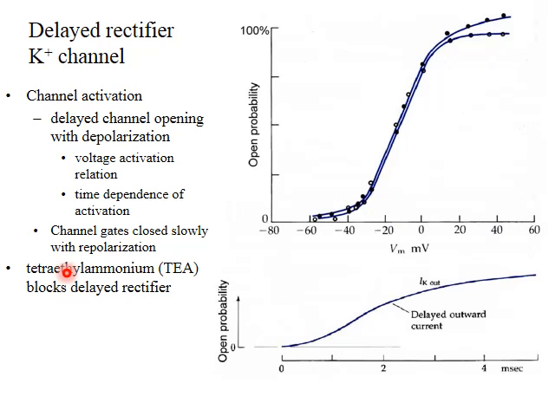Another way of characterizing ion channels is to determine the molecules that can block the channel. In the case of the delayed rectifier potassium channel, tetraethylammonium, or TEA, is effective in blocking the channel. Now, TEA is a positively charged ion.